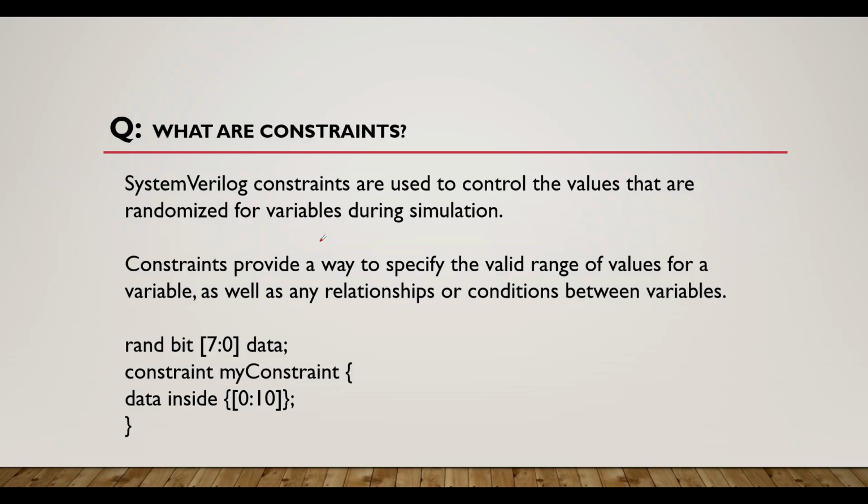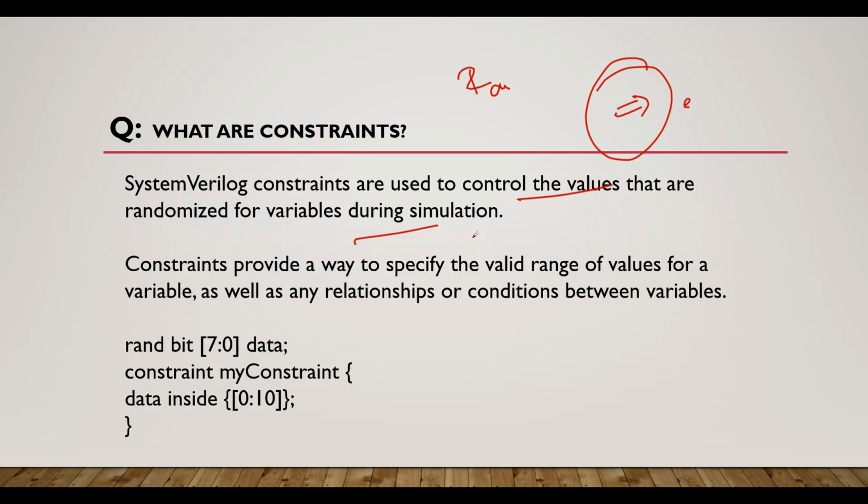It is very important to learn about constraints because in SystemVerilog you are using randomization, and every time we are not going to cover each point. For that purpose we are using constraints. SystemVerilog constraints are used to control the values that are randomized for a variable during simulation. Constraints provide a specific way to define a valid range of values for a variable as well as any relationship or condition between your variables.